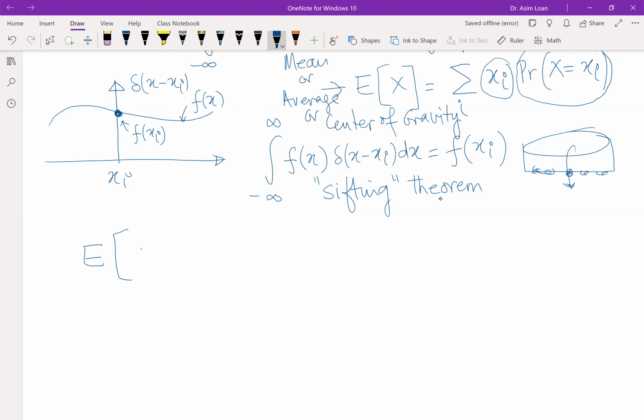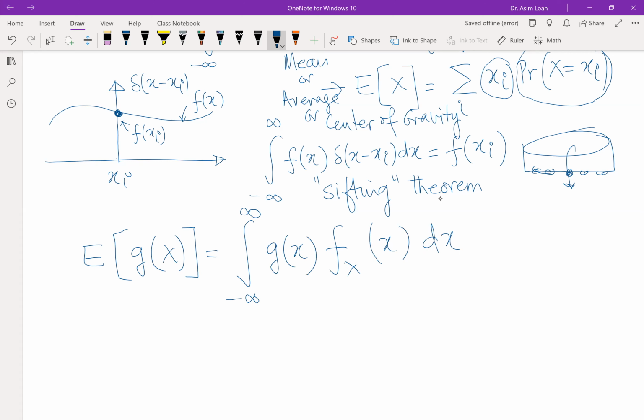So expected of g of x is equal to minus infinity to infinity g of x f x of x dx. This is the definition.